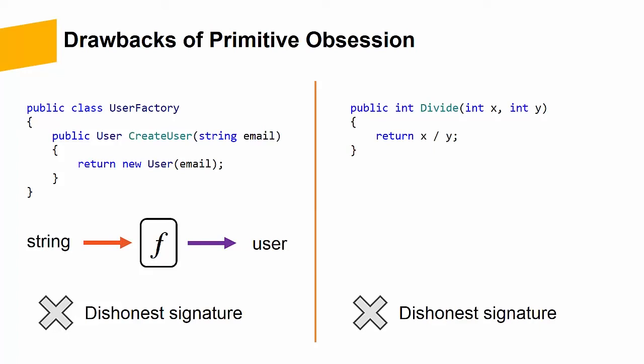So both these parameters, email and y, the concepts behind them are more fine-grained than the types we use to represent them. A set of valid emails is only a subset of valid strings. So we shouldn't use string to represent an email. We should specify that this method accepts an email, not a string.